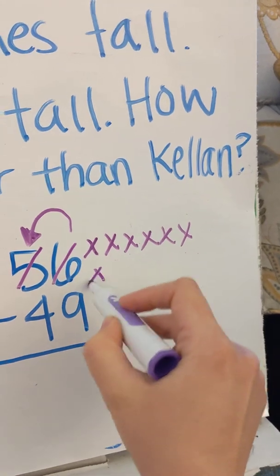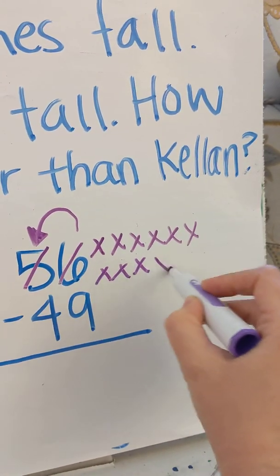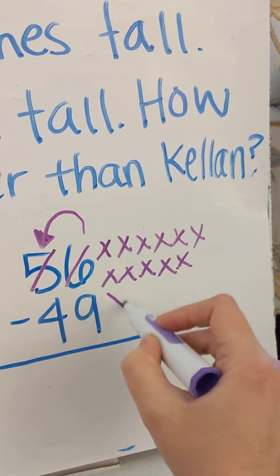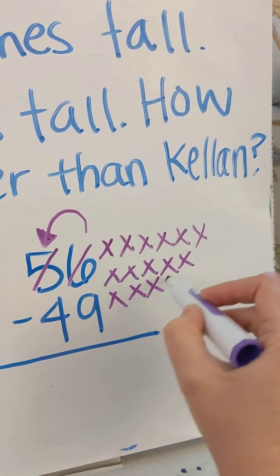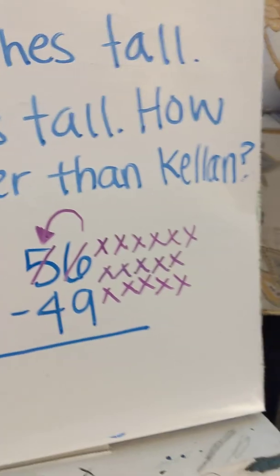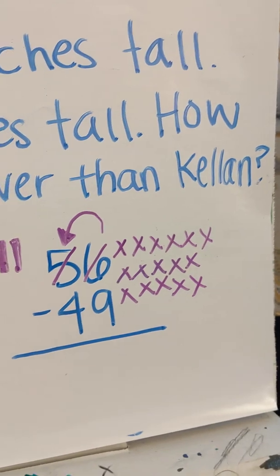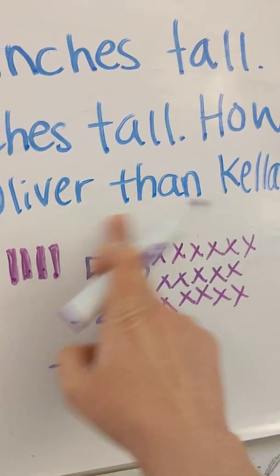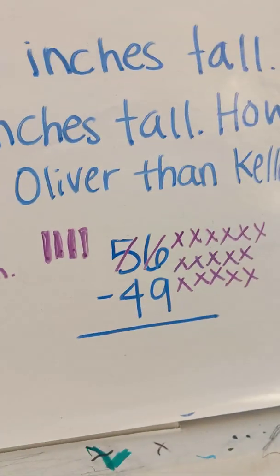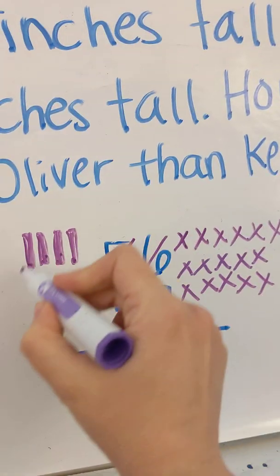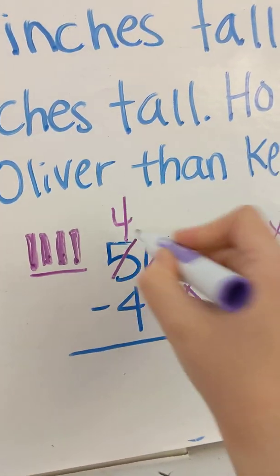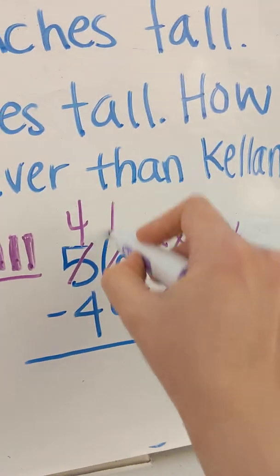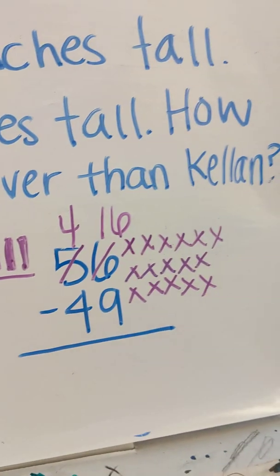Let's count. 1, 2, 3, 4, 5, 6, 7, 8, 9, 10. We have now 2 different numbers we're working with. It's no longer 56. Now it is 4 tens and 16 ones.